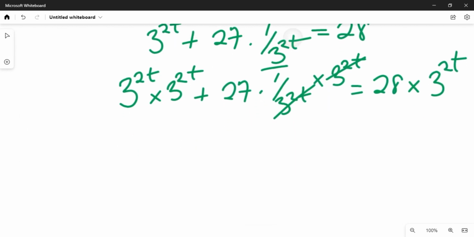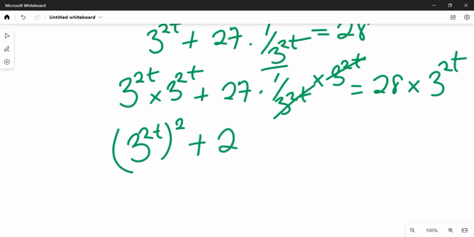This will give us 3 raised to the power 2t squared plus 27, which is 27 times 1, and that will be equal to 228 times 3 raised to the power 2t.